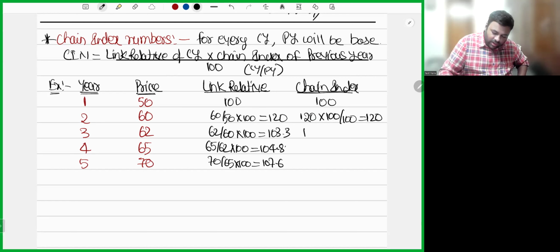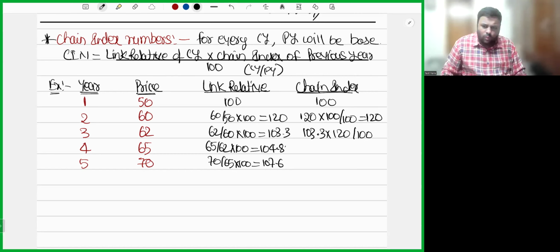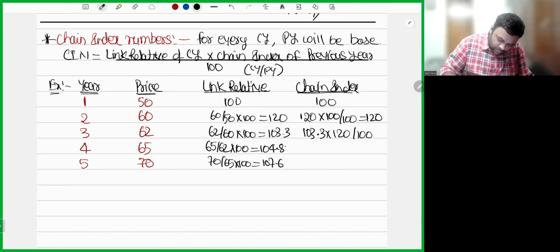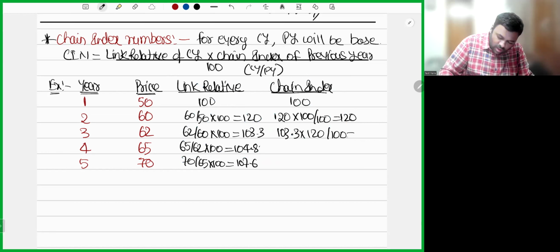Then 103.3 into 120 divided by 100 is 123.96. Then 104.8 into 123.96 divided by 100 is 129.9. Then 107.6 into 129.9 divided by 100 is 130.